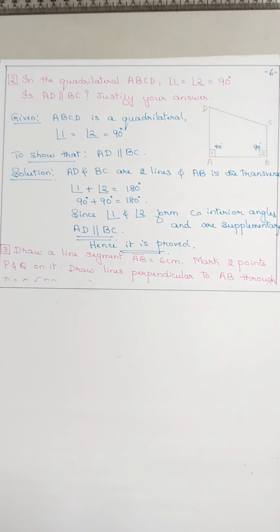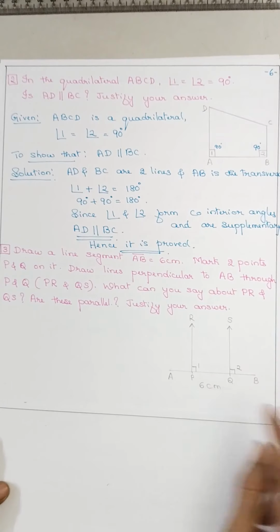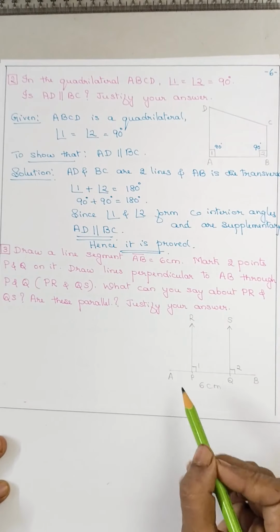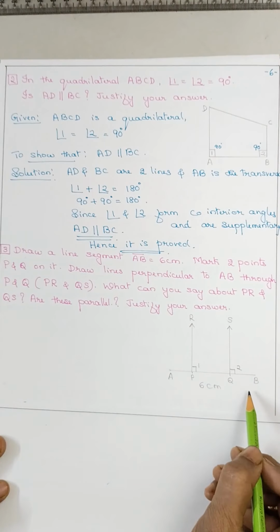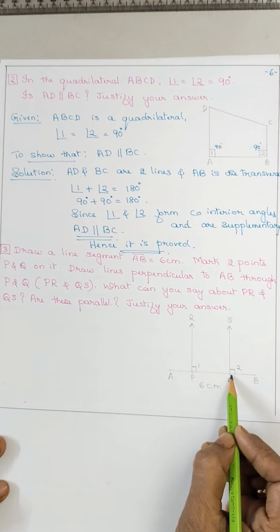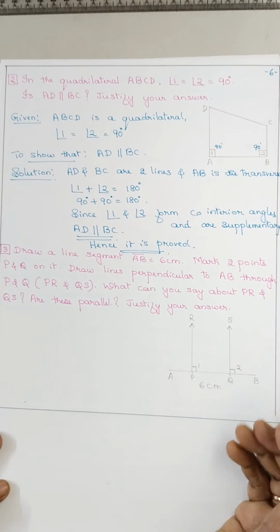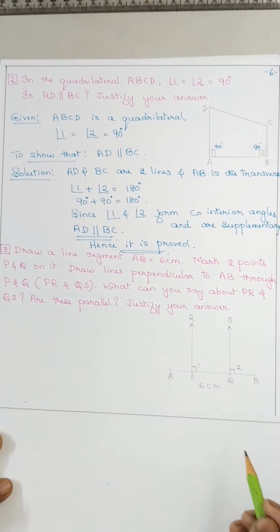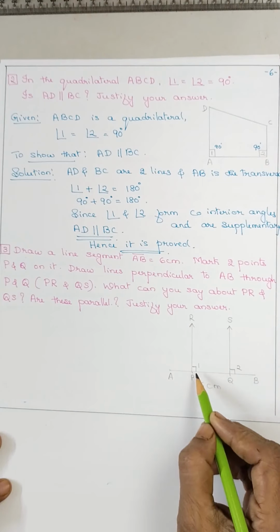Okay. Now coming to the third sum. Draw a line segment AB. Draw any line segment AB. Already I have drawn AB 6 centimeters. Take 2 points P and Q. Anywhere you take 2 points and draw perpendicular lines. Perpendicular means what? It is 90 degrees.